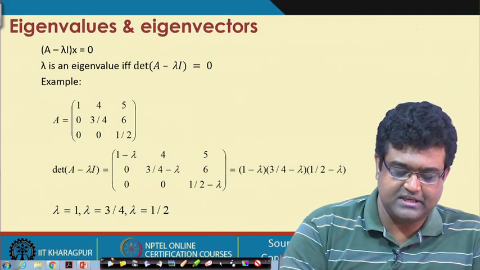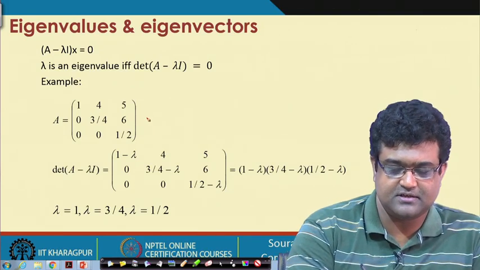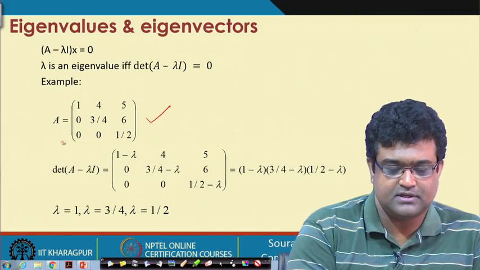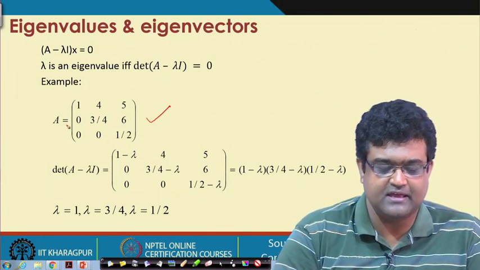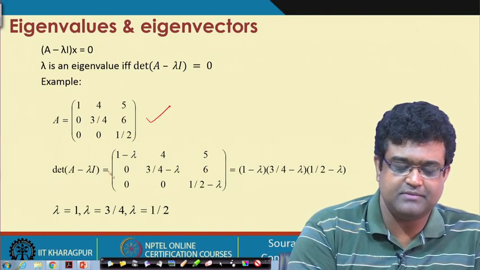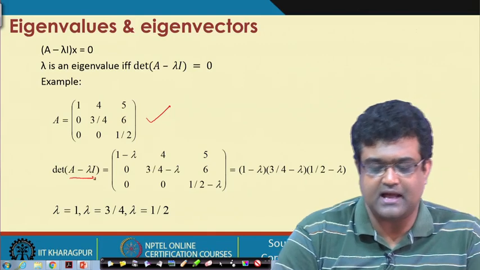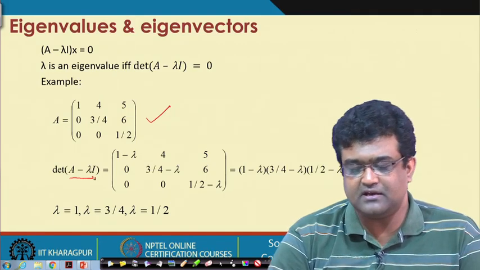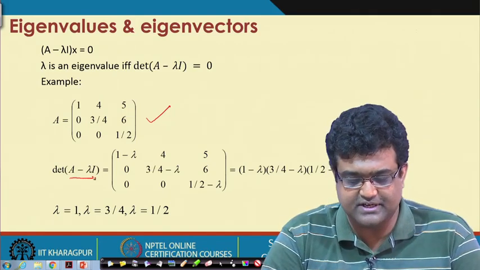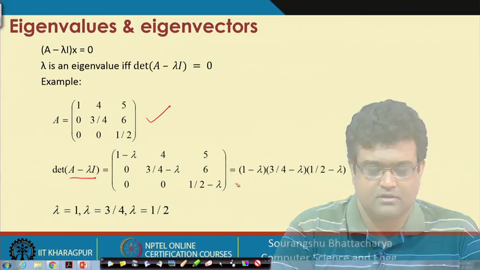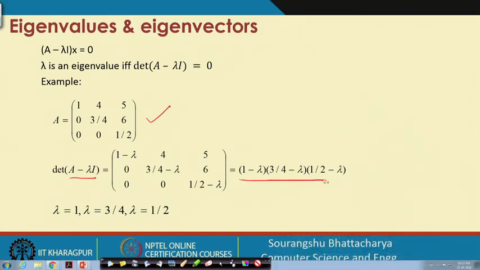For example, given this matrix A, we can compute the matrix A minus lambda I, and then compute the determinant of this matrix, which in this case turns out to be this particular number.